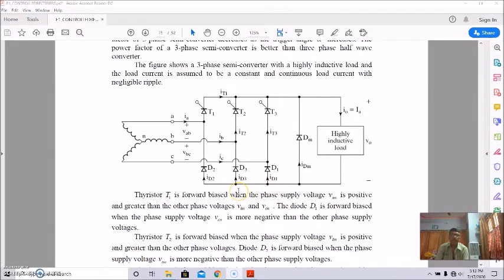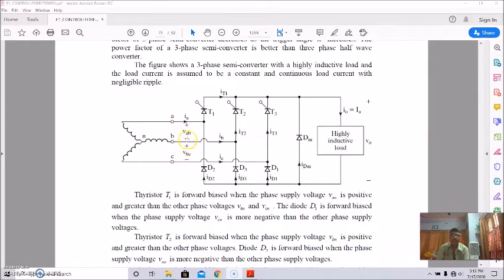Thyristor T1 is forward biased when the phase supply voltage VAN is positive and greater than the other phase voltages, VBN and VCN.